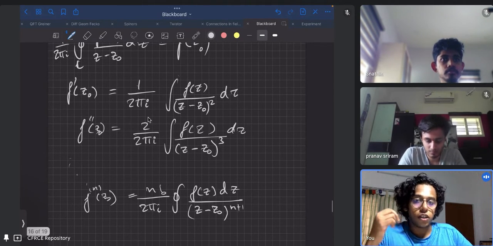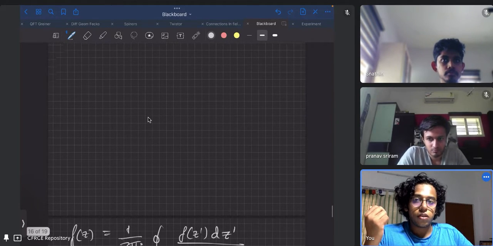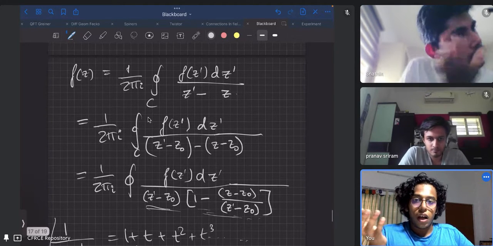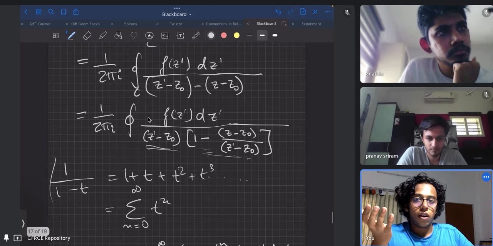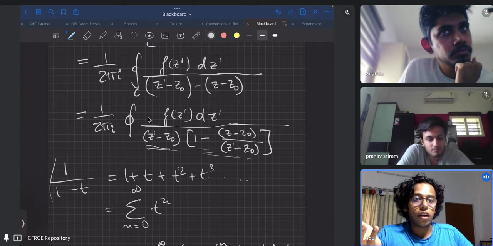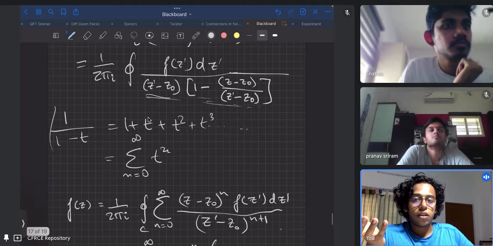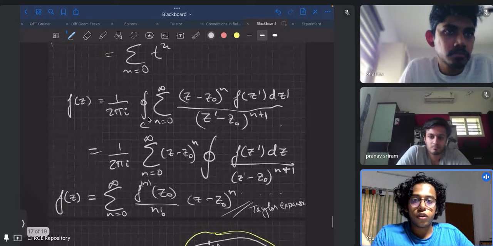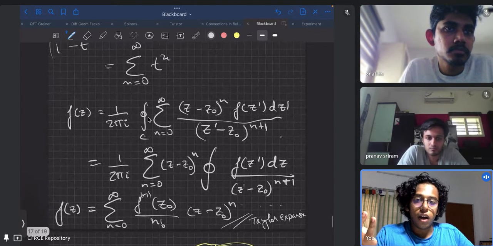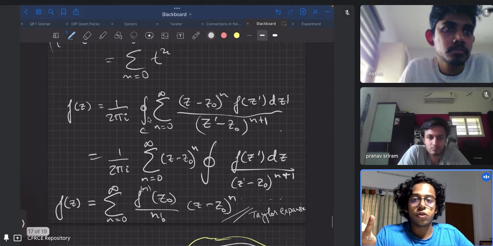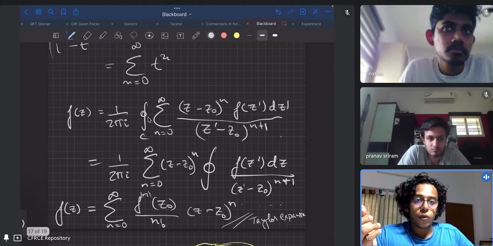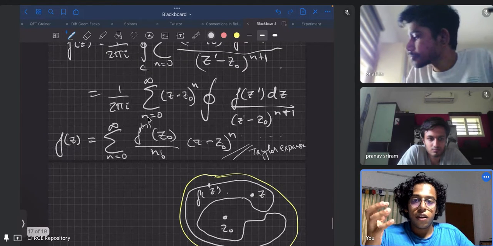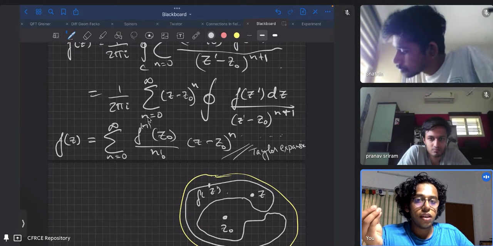Then you arrive at a series, and with the help of the series we evaluate an expansion around a particular point. This is essentially the Taylor expansion. Note that the Taylor expansion works only in an analytic region, so you can't have it if there is any other point than z which is singular.